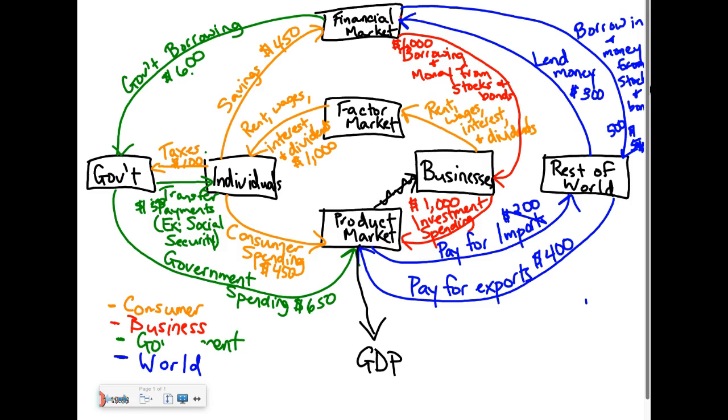Because all the arrows that are going into the product market actually determine what GDP is. And remember, GDP is going to be equal to government spending, which is our green arrow, so that's our $650, plus consumer spending, which is our orange arrow, which is $450, plus our investment spending, which is $1,000, plus our net exports, which is what we call X. Net exports is going to be our exports minus our imports.